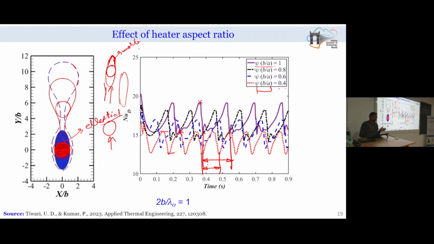The reason is quite obvious, because a bluff body provides more restriction to the flow and makes it difficult for the bubble volume to rise in the upward direction. Meanwhile, this elliptical shape has more preference for the volume to rise in the upward direction.